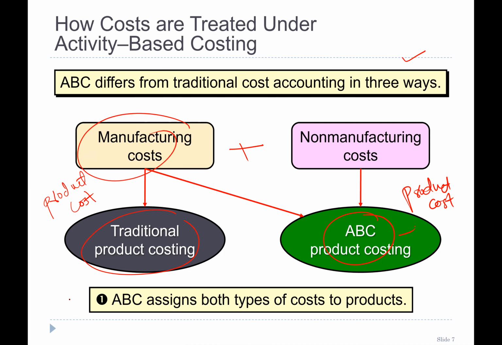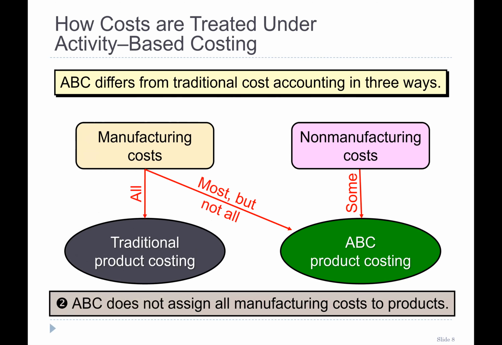So ABC assigns both types of cost to a product. If I ask what the product cost in ABC is, it is manufacturing cost plus non-manufacturing cost, right?